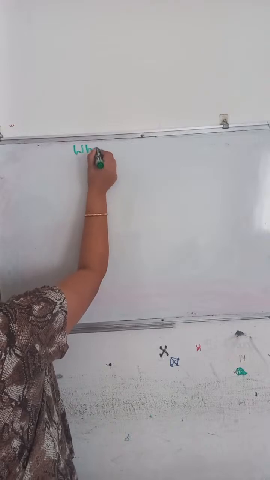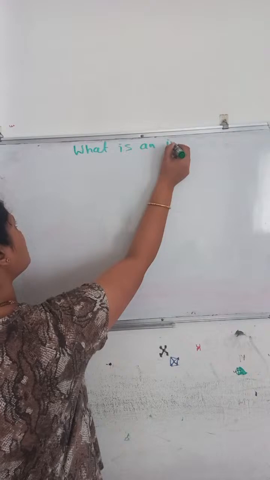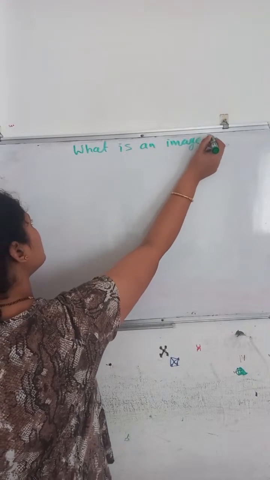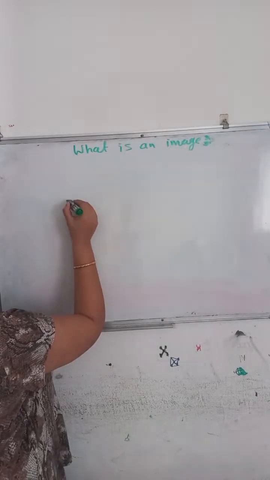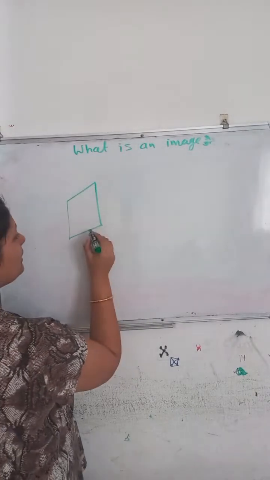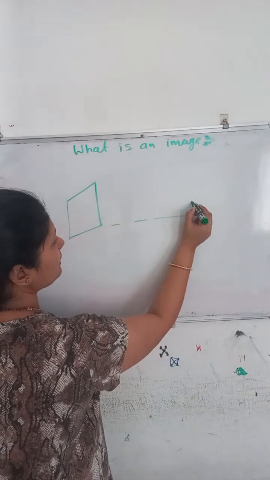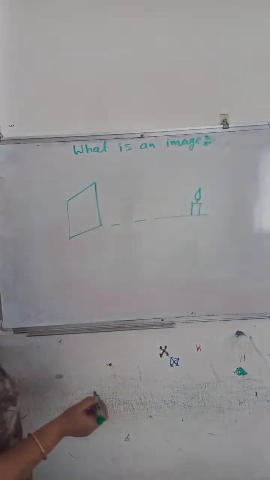Now the next point is, what is an image? Suppose I try to show here. This is a mirror, and on this plane I kept one candle. This is a candle, and this is a flame.